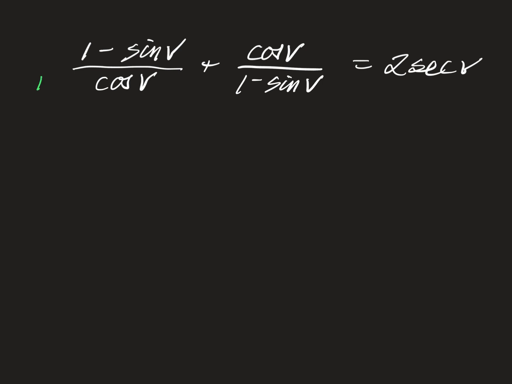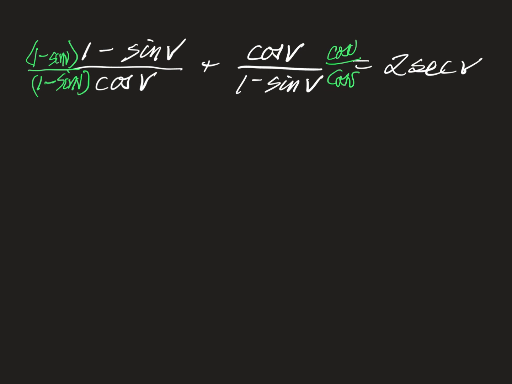So since I got to multiply this by 1 minus sine v here, I need to multiply the numerator by 1 minus sine v on the top. And then this one here, I'm going to multiply by cosine v over cosine v. Okay? And so that would be how I would do the problem to get a common denominator. We'll see what happens. All right?